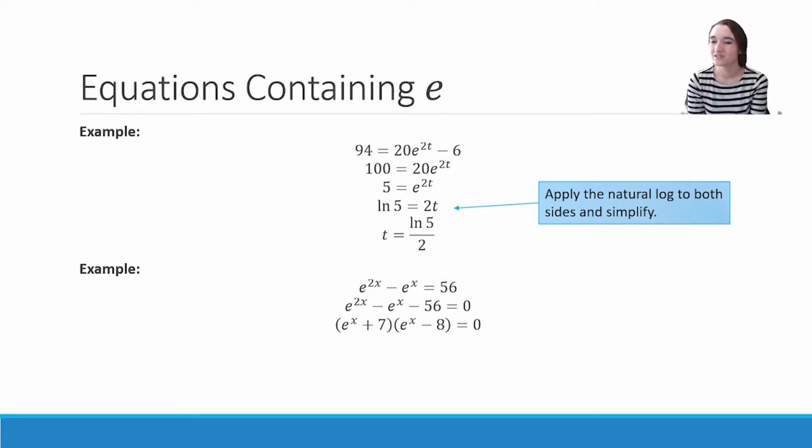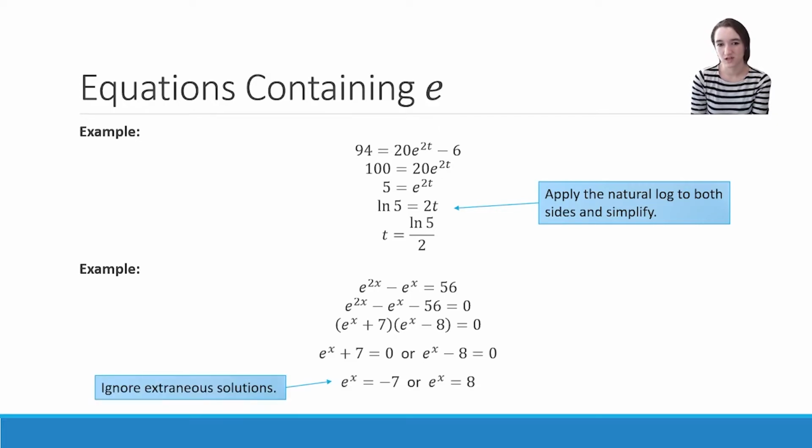So I can factor this into e to the x plus 7 times e to the x minus 8 equals 0. So when we have e to the 2x and e to the x together in the same problem, we factor it. And then we solve. So e to the x plus 7 equals 0, e to the x minus 8 equals 0. We go through and solve.